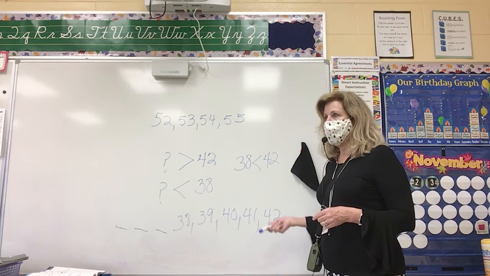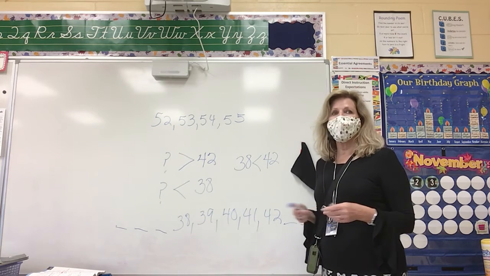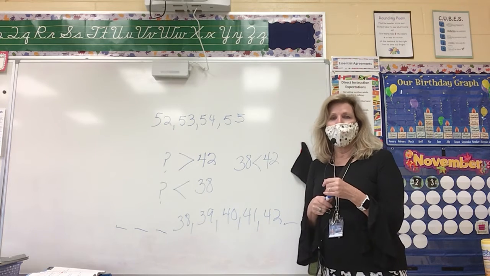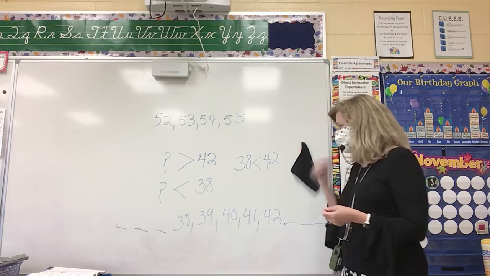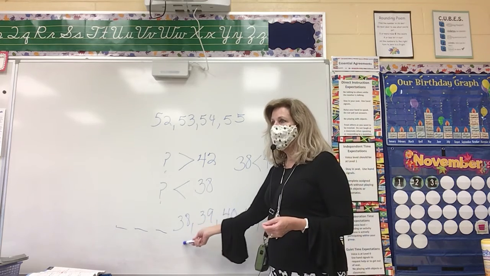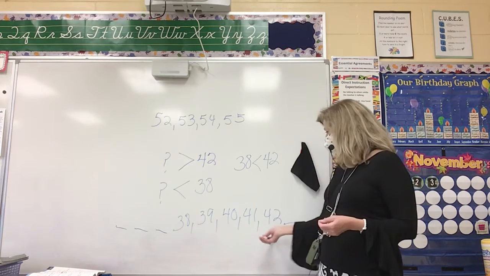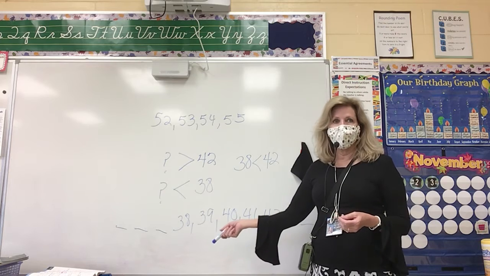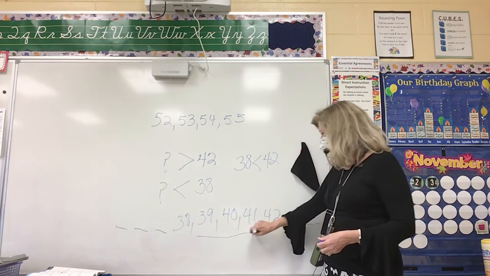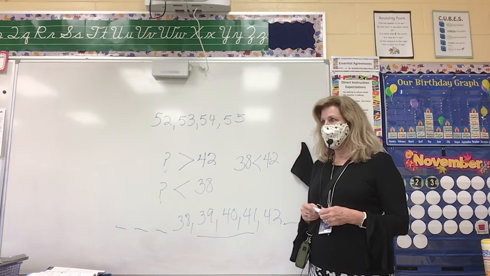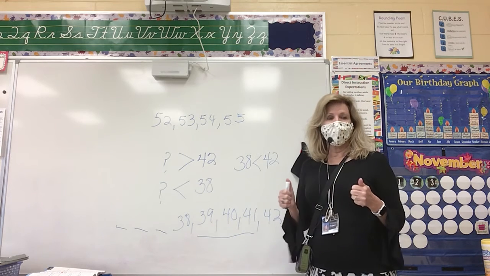Does everyone see that? Okay, so he had what he wanted to say backwards. He wanted to say more than 38, but less than 42. And then it would be one of these numbers right in here. Okay? Are we good? Questions, Connor?